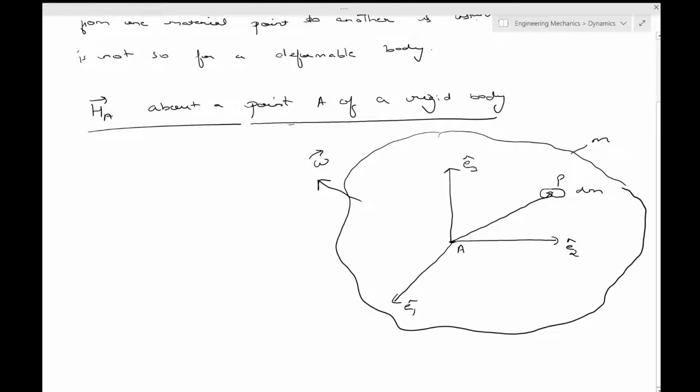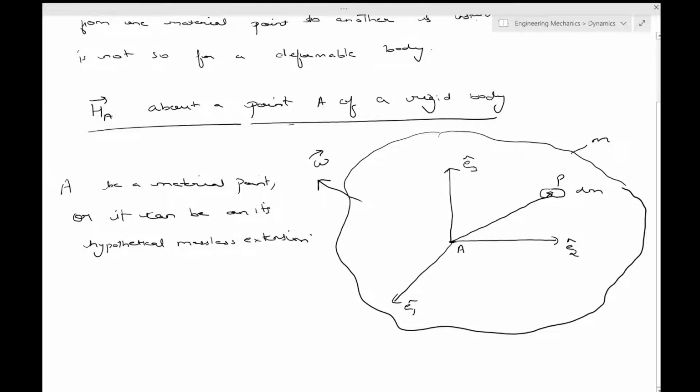So A can be a material point, or it can be on its hypothetical massless extension. Either of these two cases is okay.